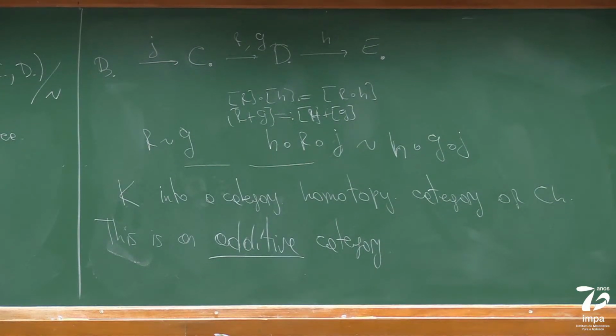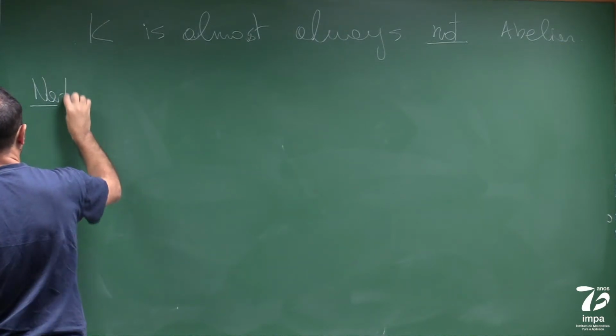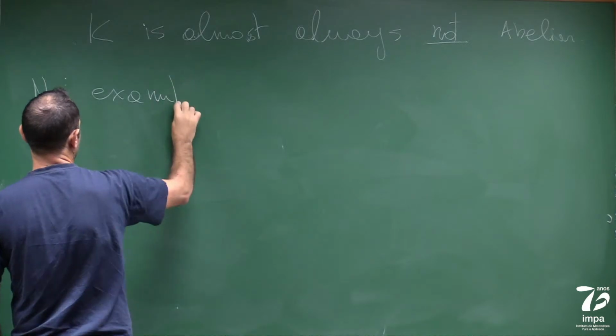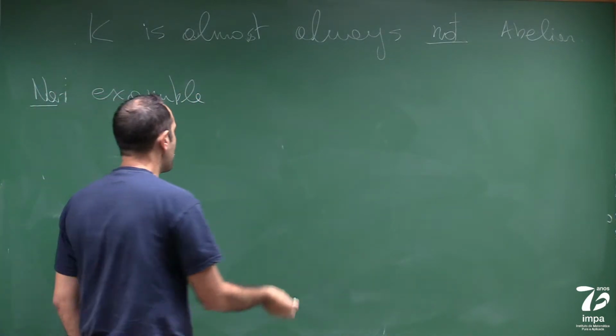And this is the non-example. So this is not a counterexample, but it shows the confusion. So let's look at the category of chain complexes on abelian groups, or whatever it is.